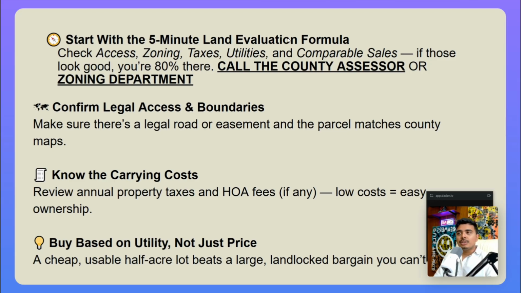The fourth one is utilities. So, if you have a specific plan, like, hey, I want to build my ranch or build a house on this thing, and I want to have electricity, which is normal, you want to check for where there's utilities.